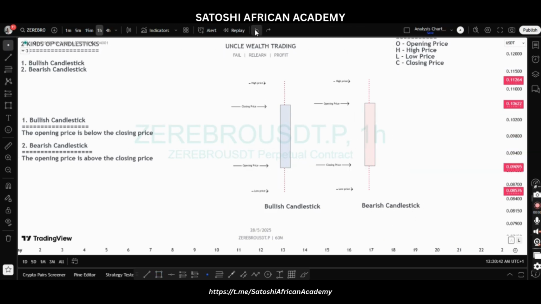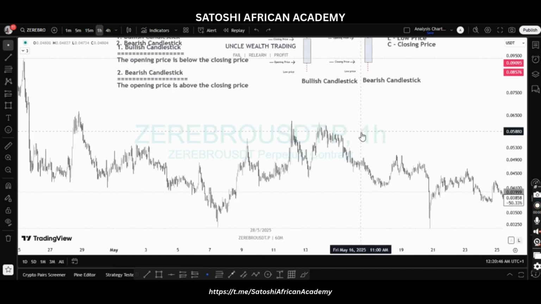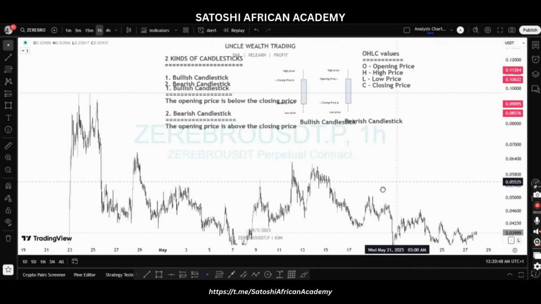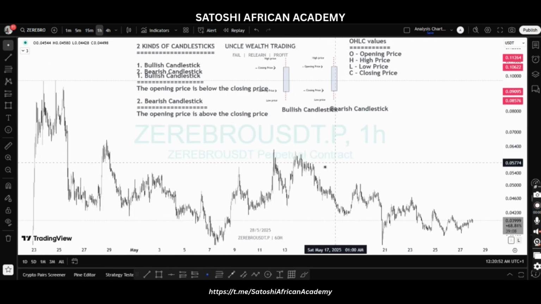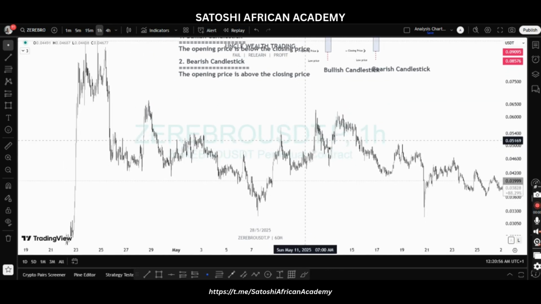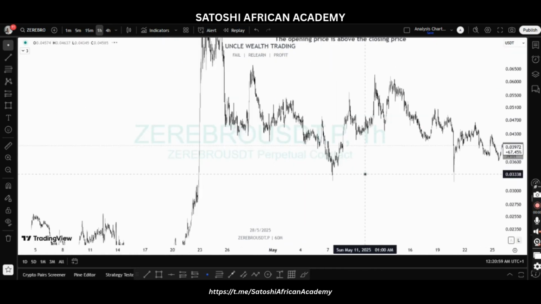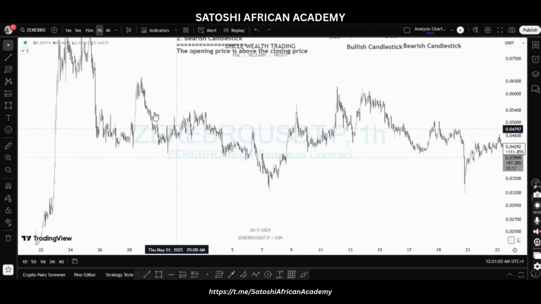All right. So now we are done with that. Let's go and look at what a candlestick looks like on the chart. Now this is the chart. We said multiple candles come together to give us the chart.